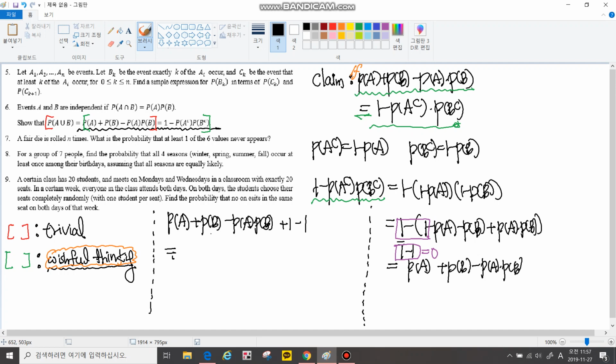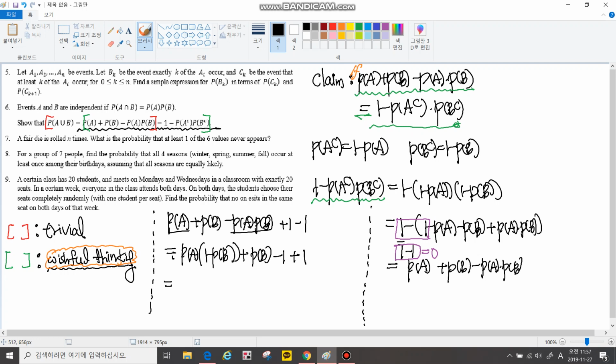And then this part, let's just factor this first. P(A) and P(A) times P(B), you can group them by P(A). And then you have this by these two terms. And then you have P(B), and then minus 1, and then plus 1 here, right?